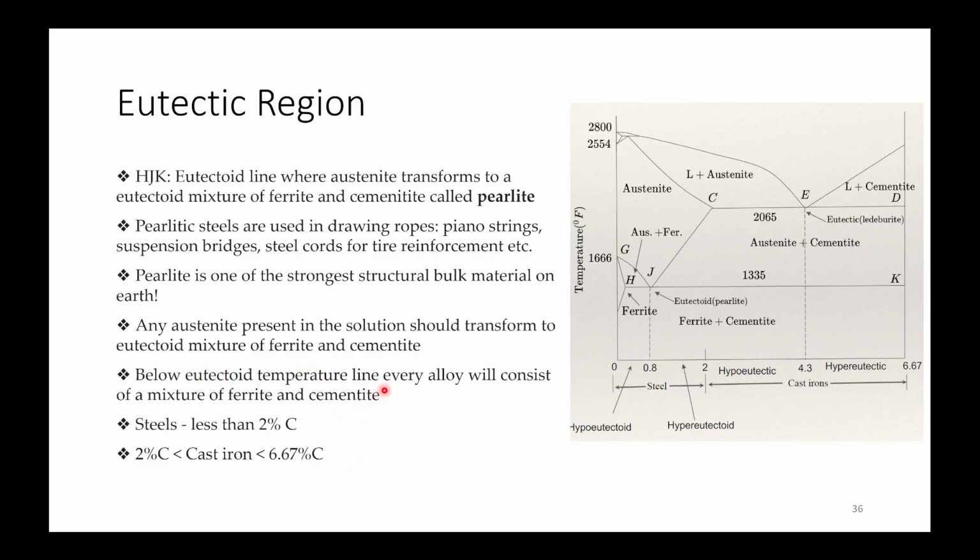Below the eutectoid temperature line, every alloy will consist of a mixture of ferrite and cementite. Steel composition is less than 2% of carbon. Cast iron is between 2 to 6.67% of carbon.